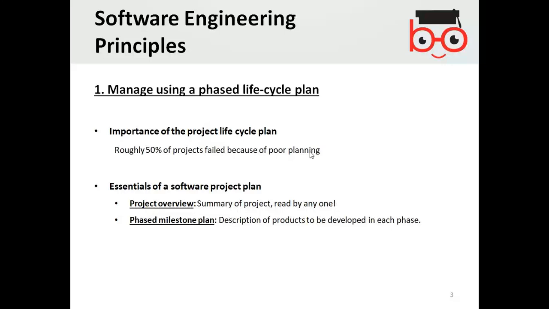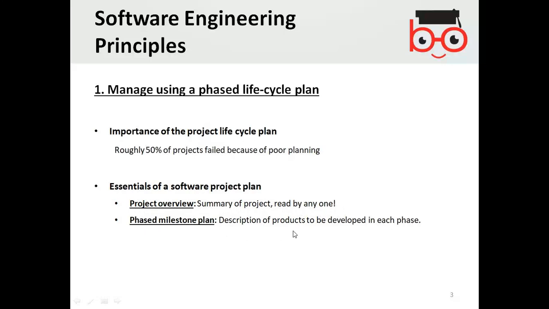If you do not follow a proper life cycle, then roughly 50% of projects fail because of poor planning.